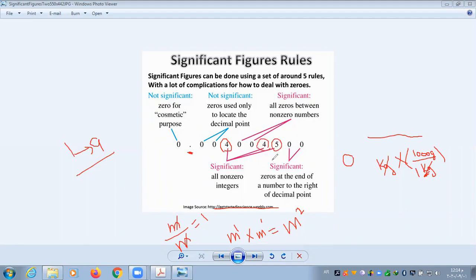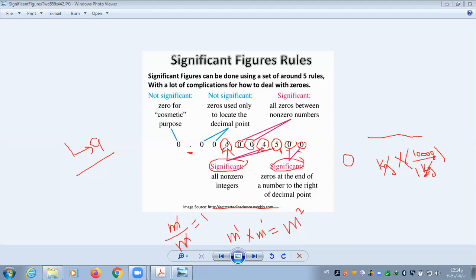The problem is with zeros. He told us here zeros to the right, and here we have a number. So if we have zeros to the right of a number, they will be significant. So zeros are also significant because they are at the right of a number, which is 5. Okay, zeros in between two numbers. These two zeros are between two numbers, between 4 and 4, so they are also significant. Come here to zeros to the left.